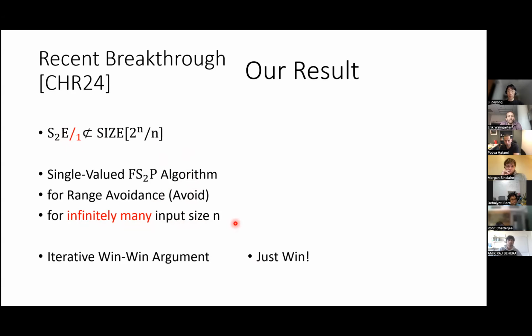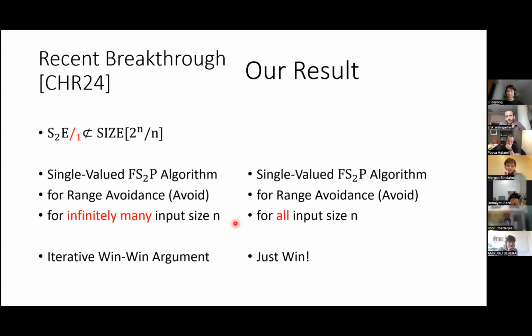And what happens in our result is that we observe that we can actually just win. So in the sense that for every input size n, we are able to solve range avoidance. So we don't have to go through the iterative win-win argument. And as a result, we are able to get rid of the 1 bit of advice in the circuit lower bound.